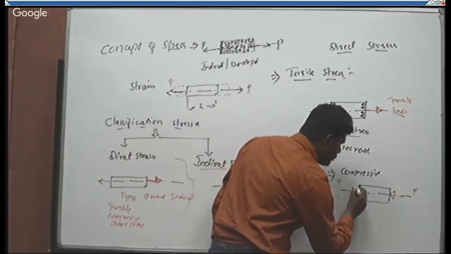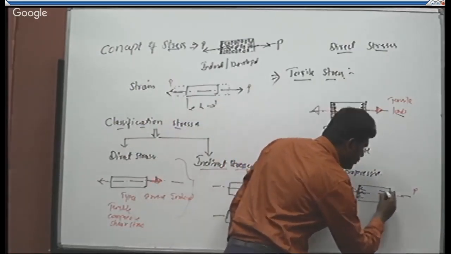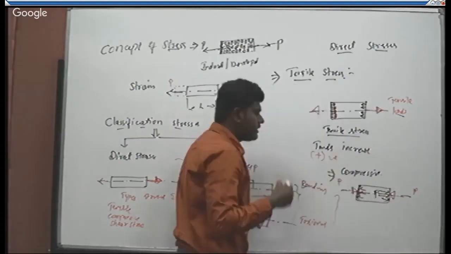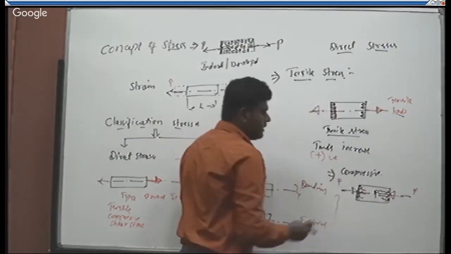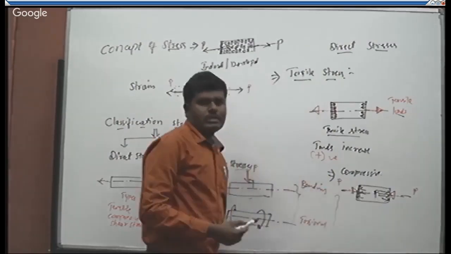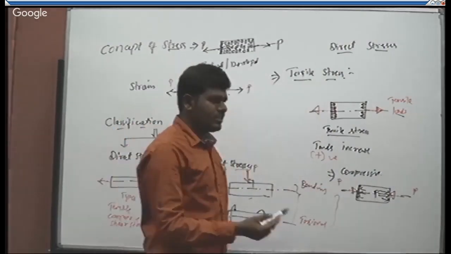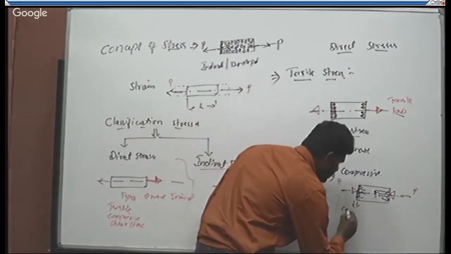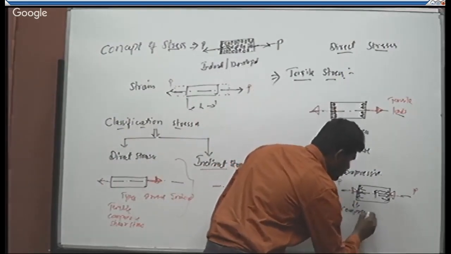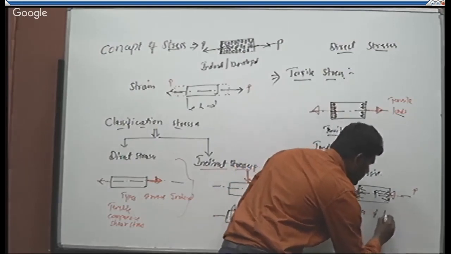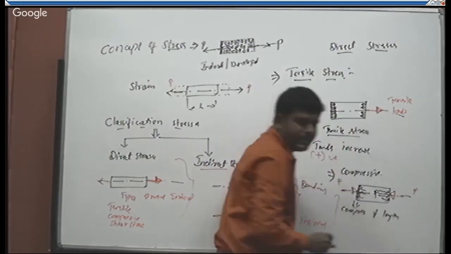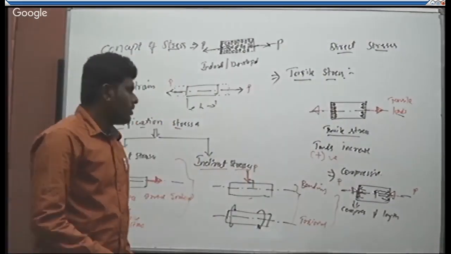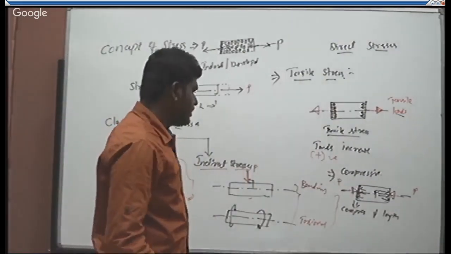Against this force there will be an internal resistance. The stresses developed to these compressive loads are called compressive stresses. The nature of this compressive stress is to decrease the geometric length of the bar. It tries to shrink the body, or push the body towards its acting direction.